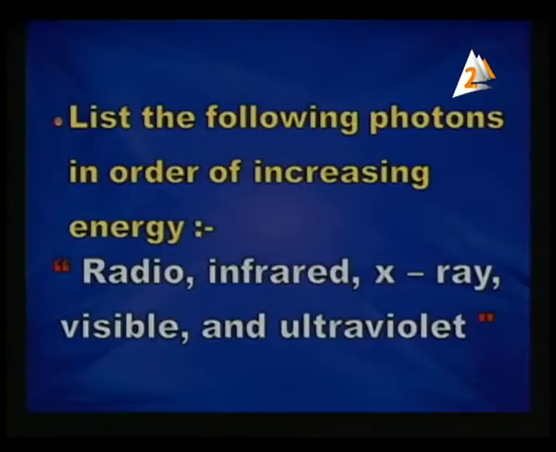Which one of them has the lowest energy? The answer will be given right now. Starting from the radiation having the least energy, it is radio, then infrared, then visible, then ultraviolet, and finally X-rays having the greatest energy.